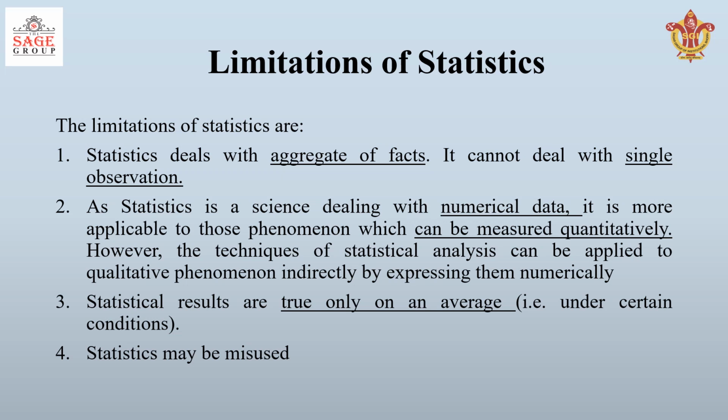That is, we are aware of the Likert scale, in which qualitative data are taken on a 5-point scale, a 7-point scale, or a 9-point scale, and then analysis is carried out. 3. Statistical results are true only on an average, that is, under certain conditions. The last limitation is that statistics may be misused.